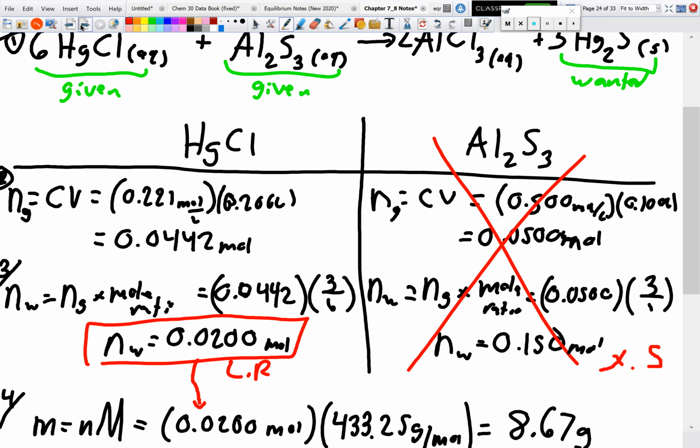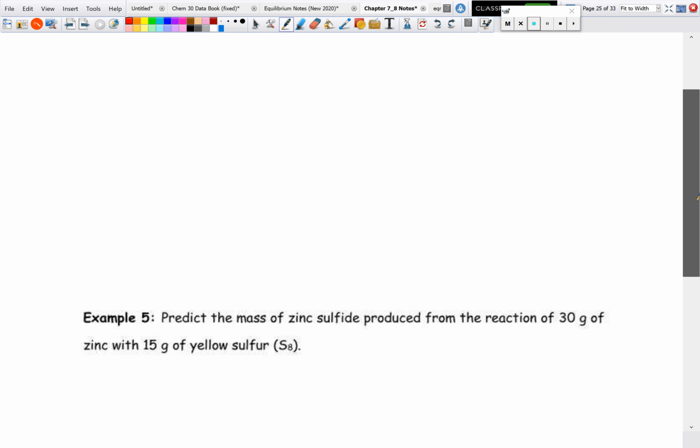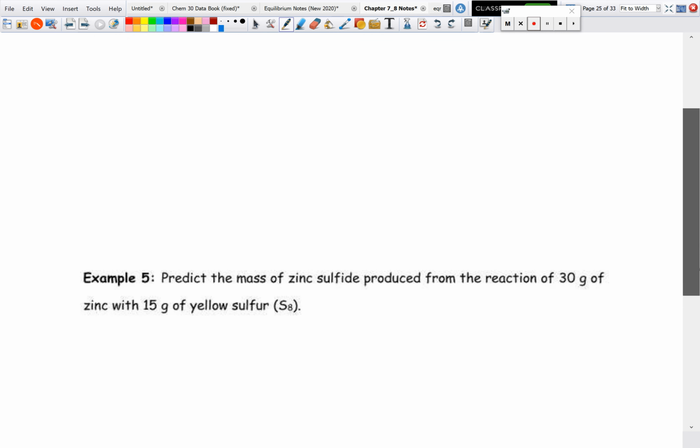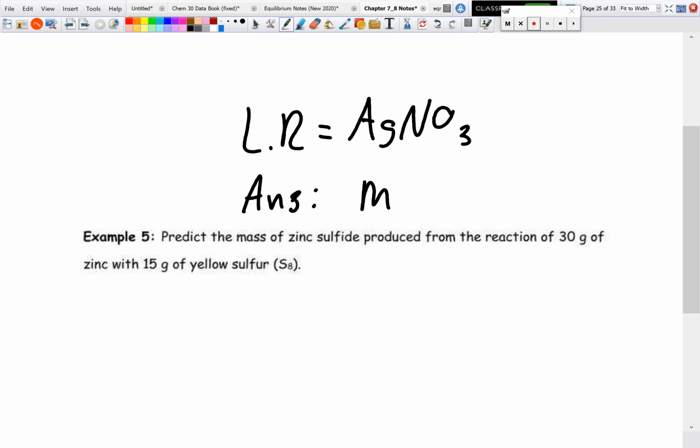Now, as for number 4 and 5, same thing. Even if you look at the answer key that I have posted up online, I don't have step by step there, but you definitely want to go through these here and see if you can get them. Because what we have for 4, you should find the limiting reagent should equal silver nitrate, so make sure you do this, and the answer, we get mass is equal to 4.52 grams.